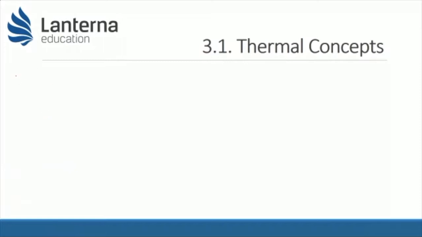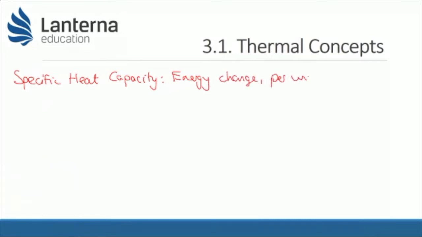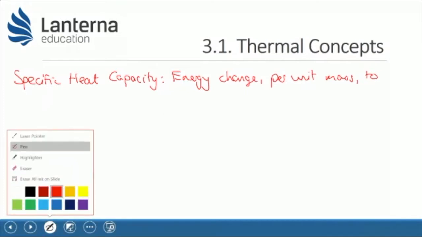Okay, so we're going to start off by defining specific heat capacity, which is also a point where lots of people lose marks because they don't get a completely correct definition. So this is defined as the energy change, and what most people miss is the per unit mass required there.